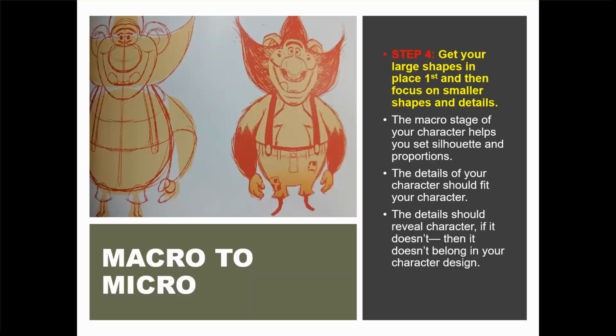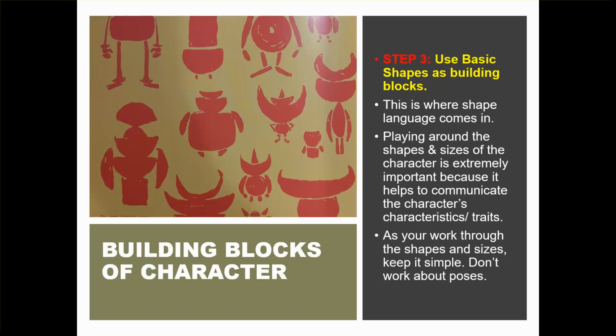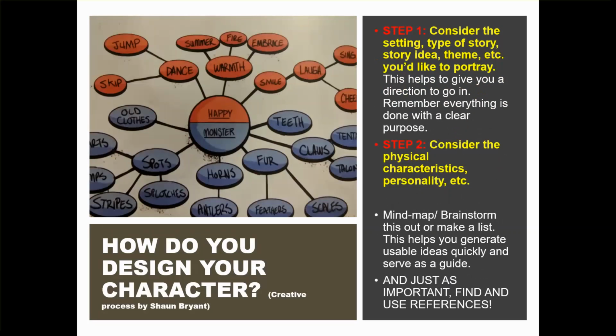The details should reveal character, and if it doesn't, it doesn't belong in your character design. So the details you add in, the shapes you add in should all fit your character design. They should all fit, going back to this, really the mapping you created. So your character design and detail should fit your physical character traits you came up with, but also your personality traits.